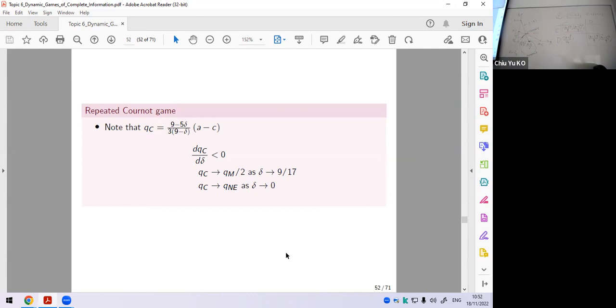And what do you expect? If delta goes to 0, you mentioned, right, we will have the outcome of the Nash equilibrium, which is QE. And here, looking at the graph, it is just A minus C over 3, right?